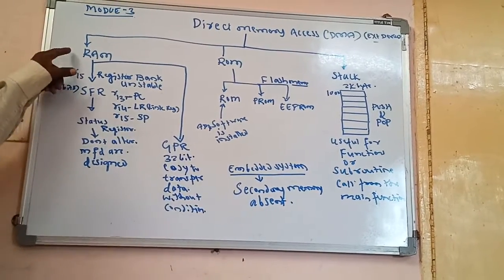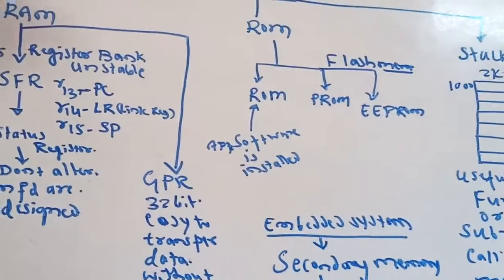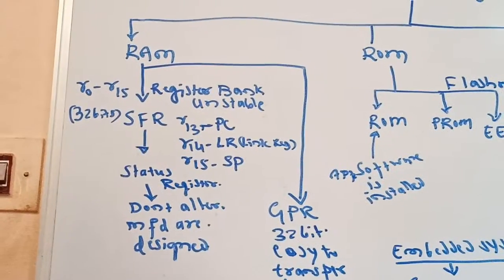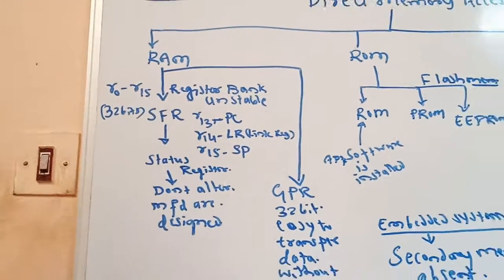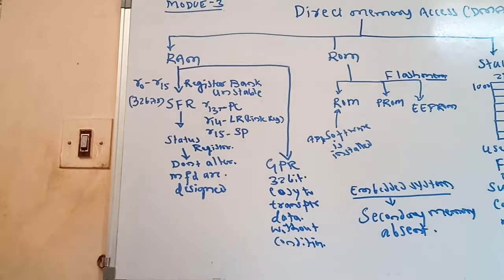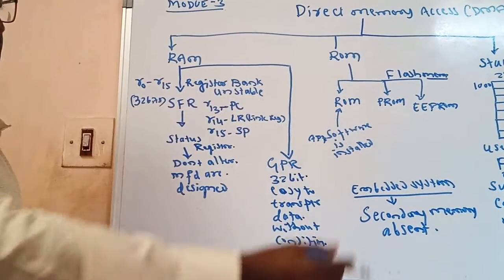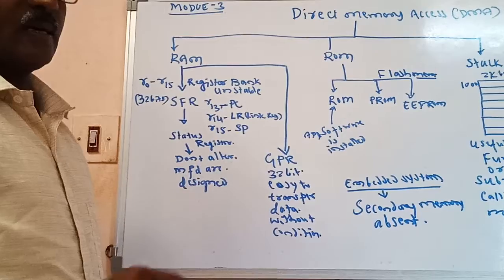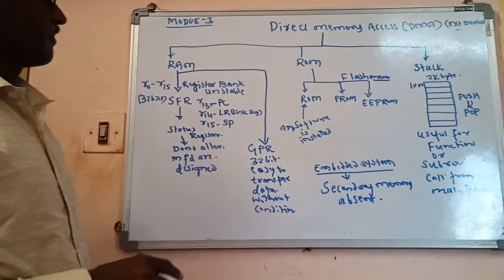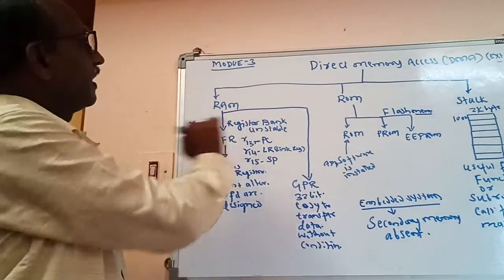First one is RAM, random access memory. Random access memory contains a variable, unstable register bank. I think you might know what a register is. A register is an information storing device that stores information depending upon the application.